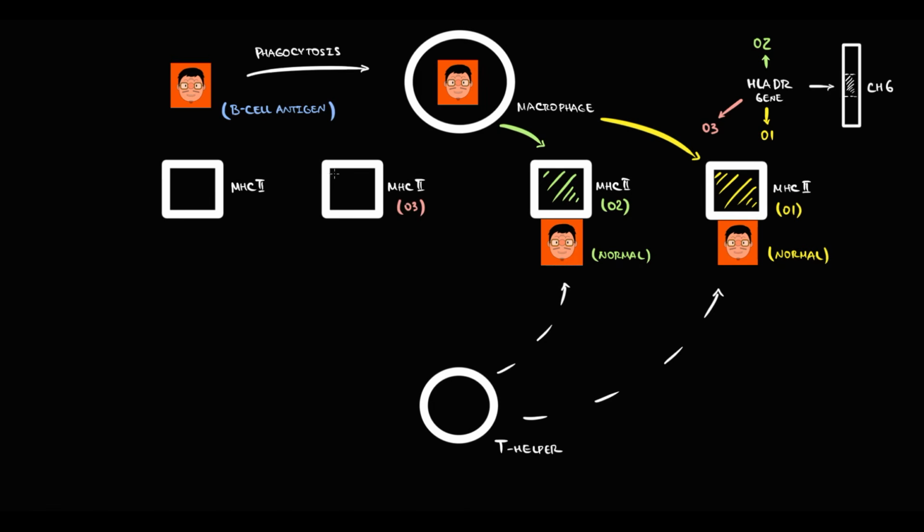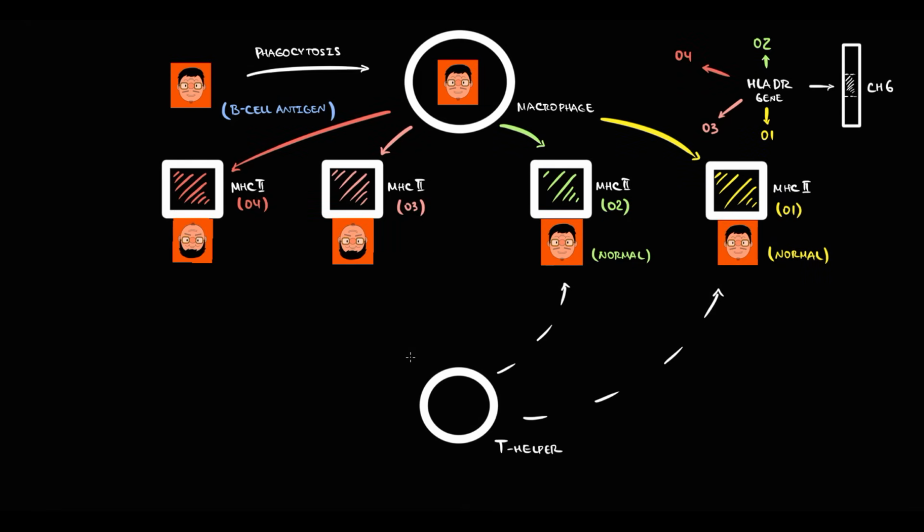Thereby, in this case, the person will have an MHC2 receptor that was made based on genetic information in HLA-DR3. The problem is that this particular MHC2 receptor does not know how to present beta cell antigen to T helpers. The same is true for people with HLA-DR4: the MHC2 receptor that was made based on genetic information in HLA-DR4 does not know how to present beta cell antigens to T helpers.